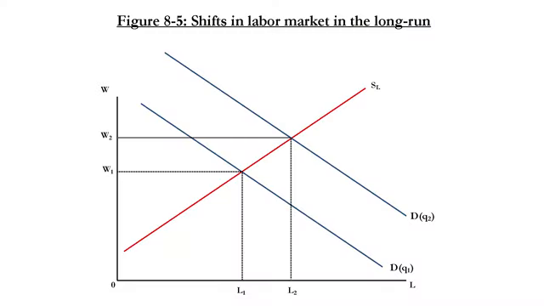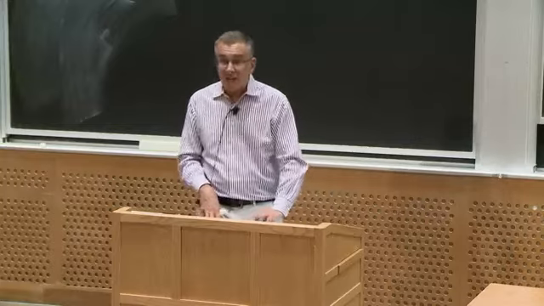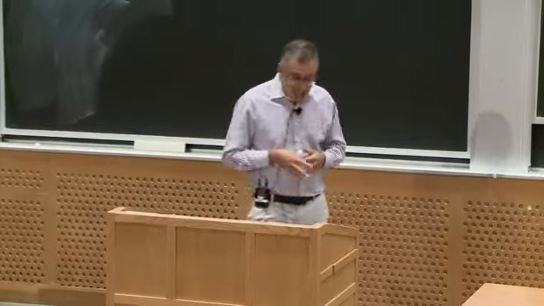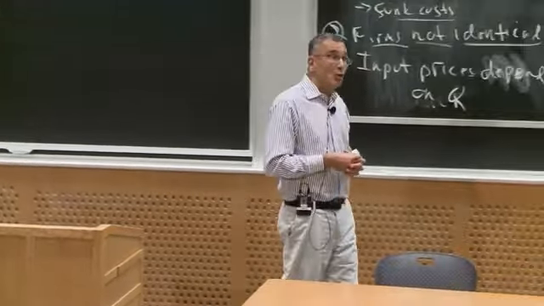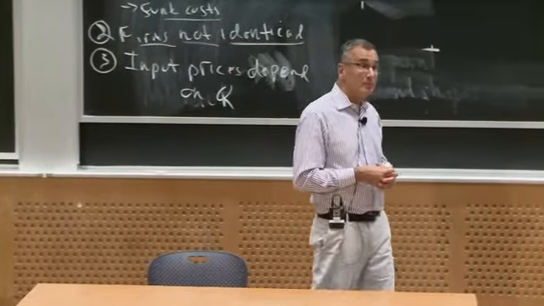So like any demand and supply curve, we have a demand for workers. The demand for workers is downward sloping. Why is the demand for workers downward sloping? It's downward sloping because as the price of labor goes up, firms want less of it.